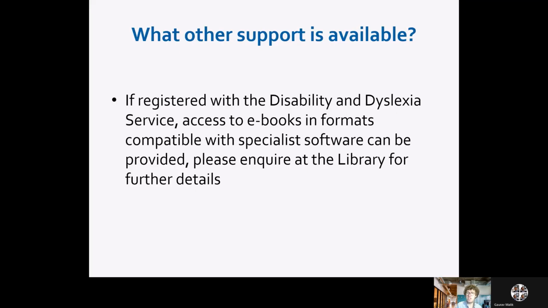And if you're registered with the Disability and Dyslexia Service, we have machines with enhanced capabilities, and extended loan periods for books. You can inquire at the library for more details about that too. But that process will begin by getting registered with the Disability and Dyslexia Service at the Student Hub.